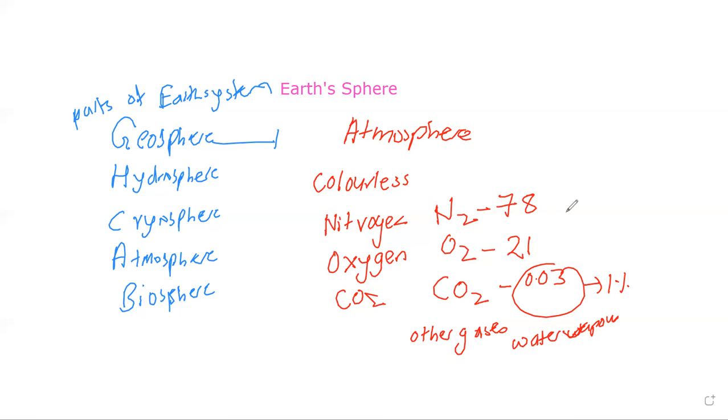We will continue with biosphere now. Judy, do you have your book? Yes. Can you please read about biosphere? The biosphere is made up of living things. I cannot hear you, Judy.